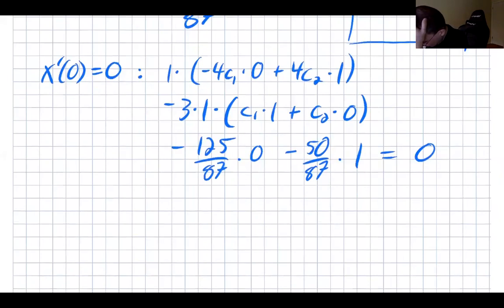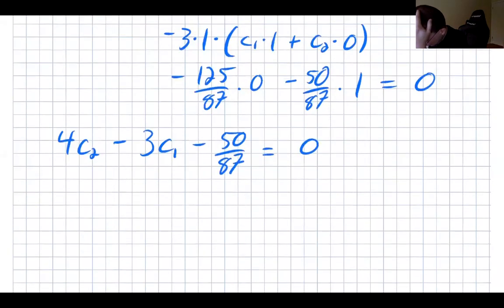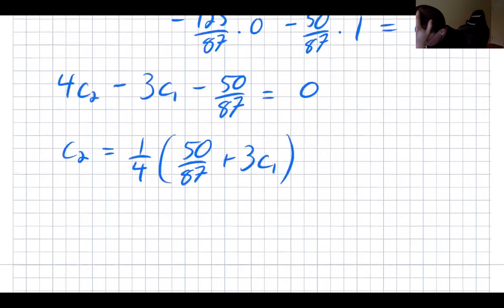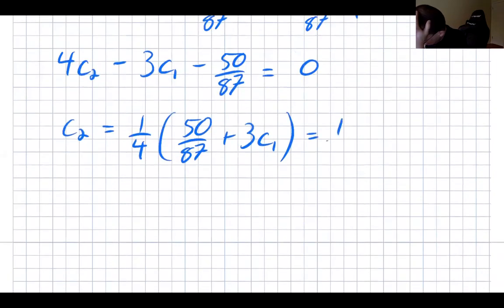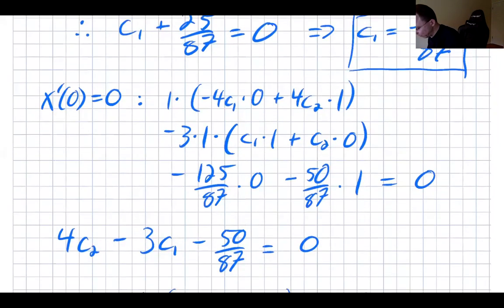So we have 4c2 minus 3c1 minus 50 over 87 is equal to 0. So therefore c2 is equal to 1 over 4 times (50 over 87 plus 3c1), and that is equal to, what was c1? Minus 25 over 87.